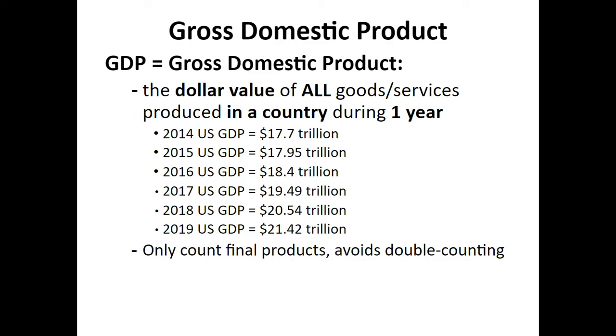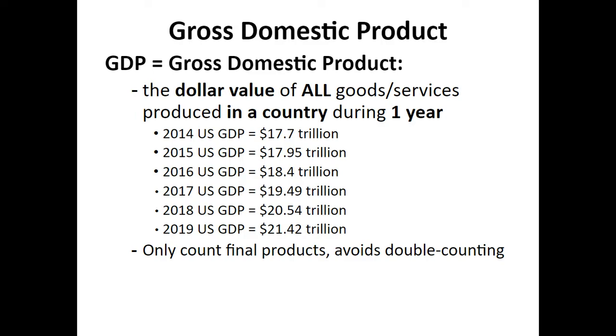One thing to remember though, GDP only counts the final product, so it does not double count. What that means is, for those cell phones that we have, in GDP only the final cost of the cell phone is included. That doesn't include the cost of the parts that go into making it, like the CPUs and the RAM and the screens.